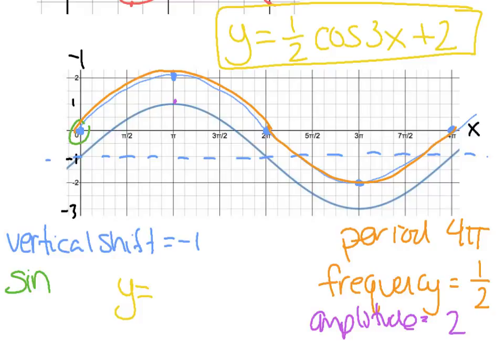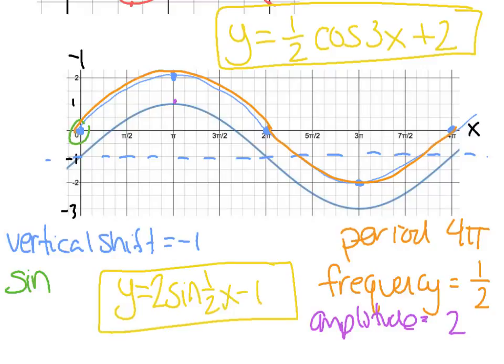So my amplitude is going to be 2, which means my equation is going to be y equals 2 sine of x. Now to put my frequency in there, I need to put 1/2 x, and then I'm going to put the vertical shift, which is -1. And that is the equation for this graph.